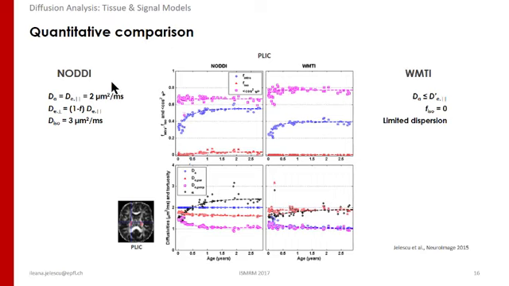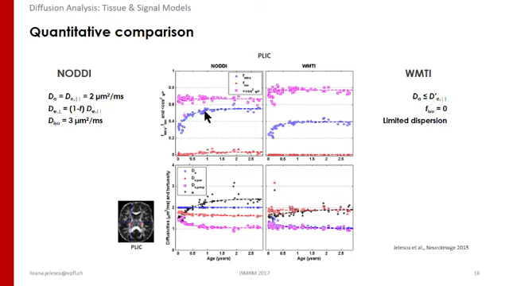So if we try to compare quantitatively the model estimates, you will see that the assumptions really impact your quantification. This is a study that we've done on development in children from 0 to about 3 years old, looking at white matter tract characteristics, comparing NODI and WMTI.